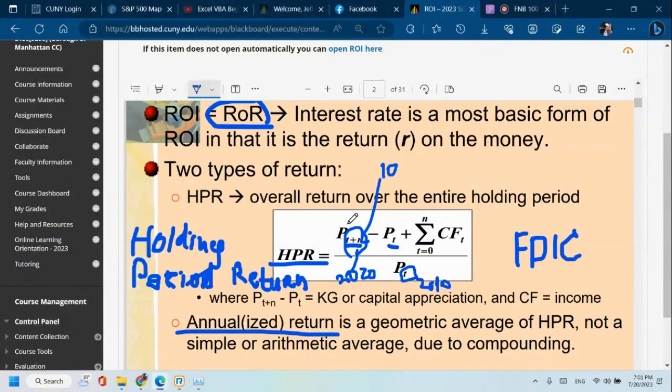So this means your holding period was 10 years, from 2010 through 2020. And what were you holding? It could be anything. It could be stock or bond, or let's say it was a stock. Or it could be real estate.